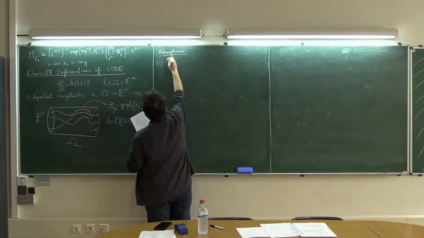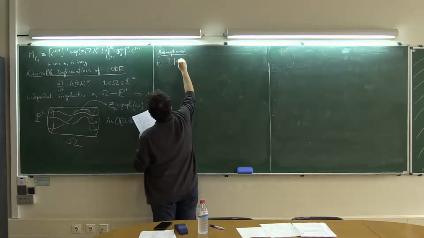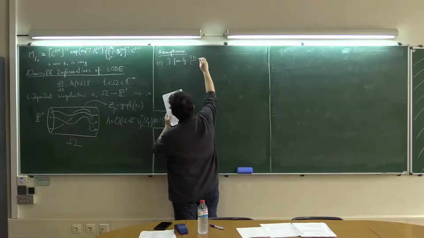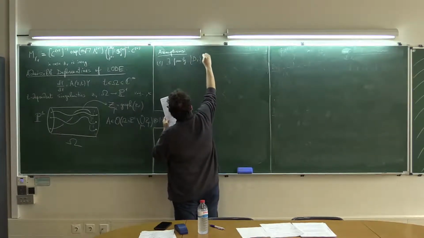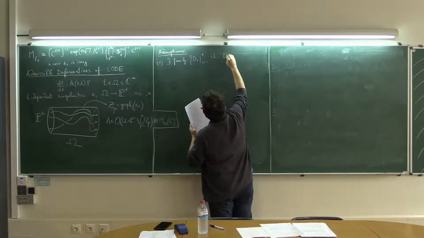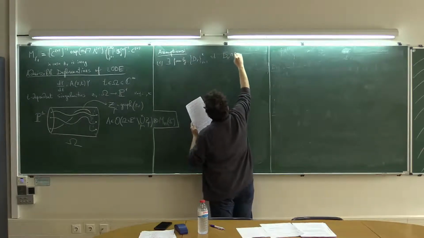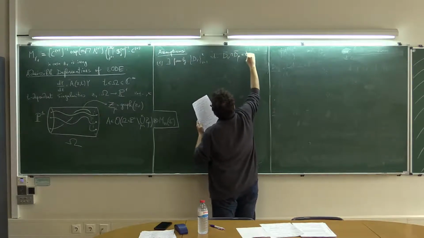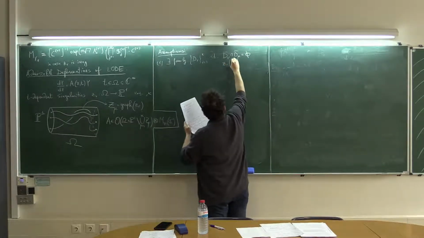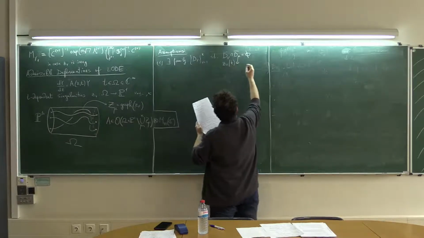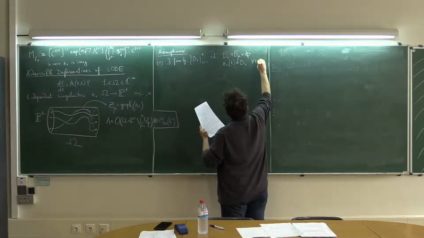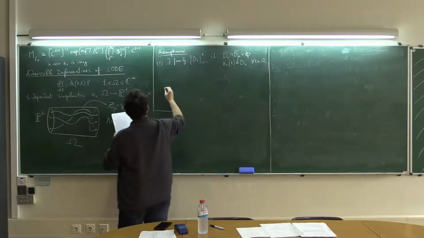First of all, I assume that these strings never intersect each other, for example. So I assume that there exists a family of disks delta nu from 1 to k, such that the closures of these disks never intersect, and such that the singularity z nu of t belongs to this disk for any value of the parameter.